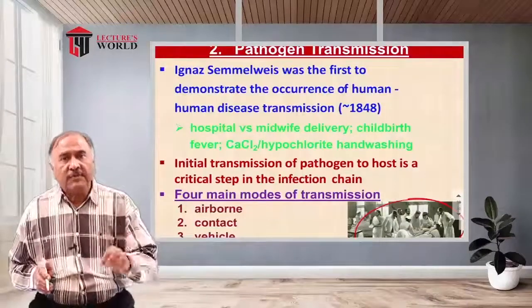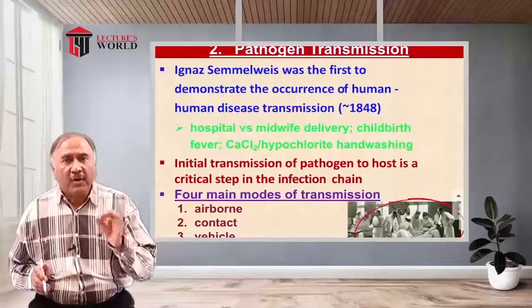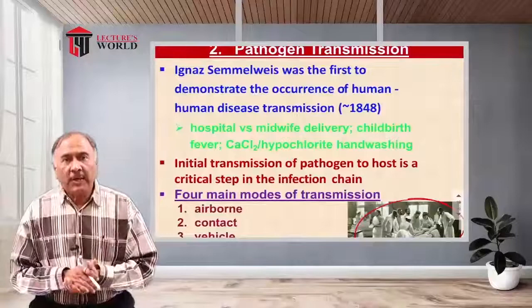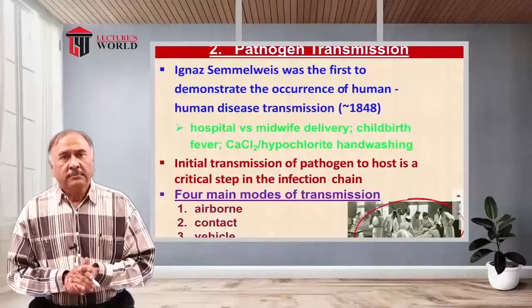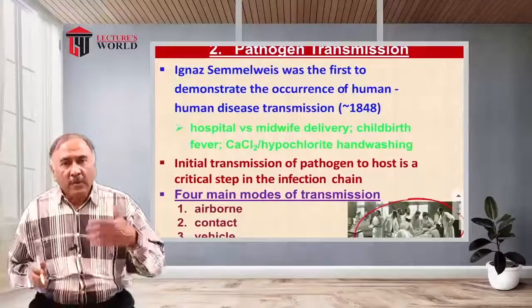Joseph Lister was one of the first ones to use phenol, carbolic acid, during his surgery. Why did he use it?